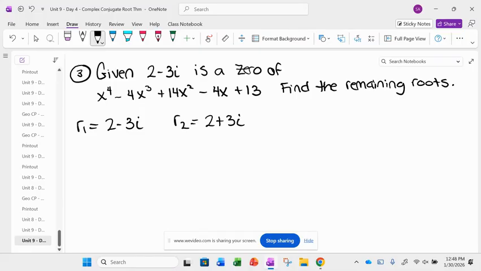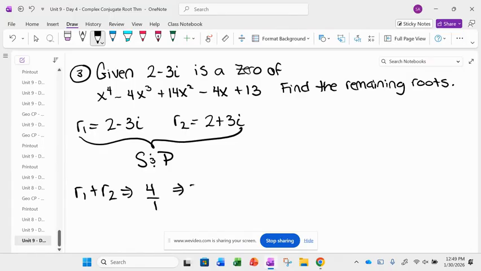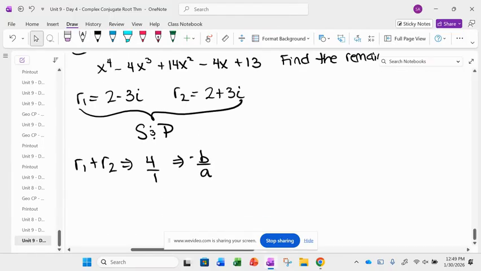All right. So since this is mostly based on sum and product, I'm going to use the sum and product. So we're going to use SMP. Root 1 plus root 2 is going to be 4. So that's negative b over a.